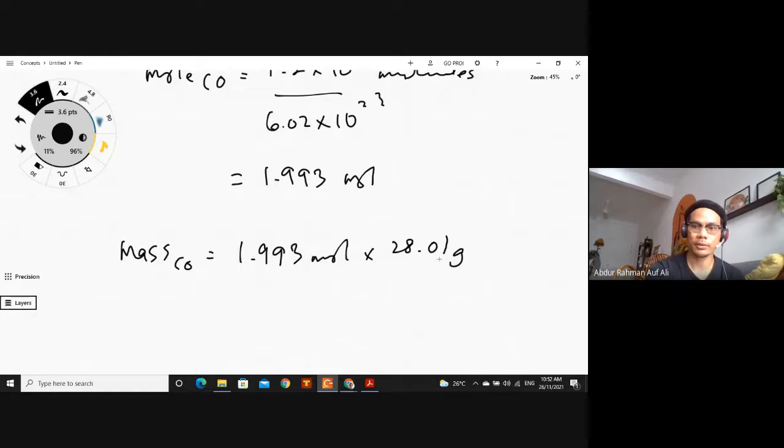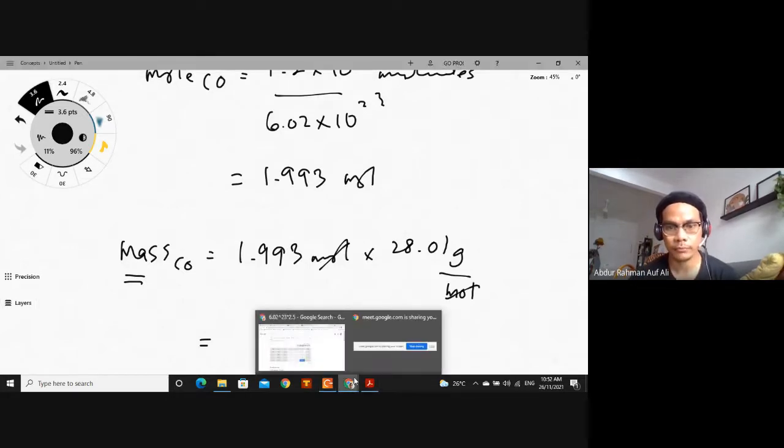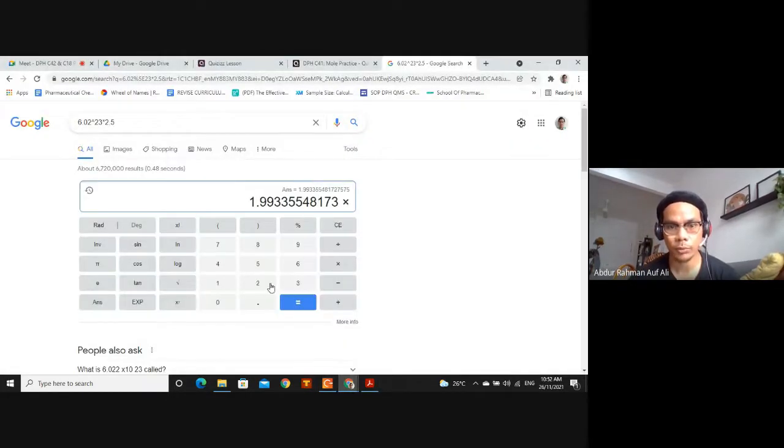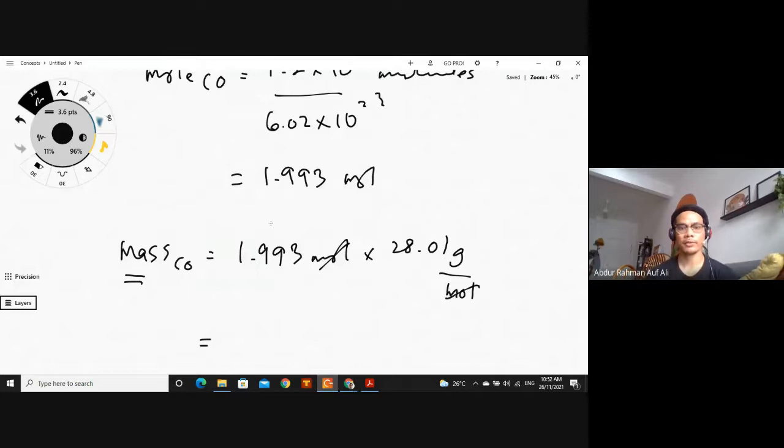Let me tulis dalam bentuk unit. Kenapa saya nak kamu tulis unit? So mole ni bagi dengan this mole. So cancel it out. So the final unit will be in grams, because kita tengah cari mass. So 1.993 darab dengan 28.01, jawapannya adalah 55.81. So the mass of CO adalah 55.81 grams.